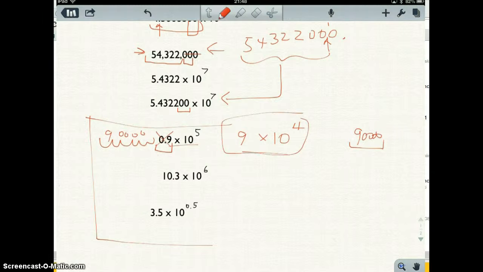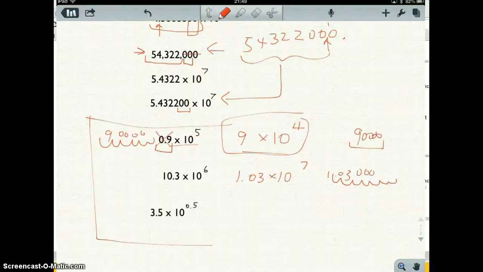What about this? 10.3 times 10 to the 6. 10.3 is not between 1 and 10, so this needs to also be changed. Let's say to 1.03 times 10 to the something. It would be 10 to the 7th, I think. Let's test that out. 1.03, we're going to move it 7 times: 4, 5, 6, 7.